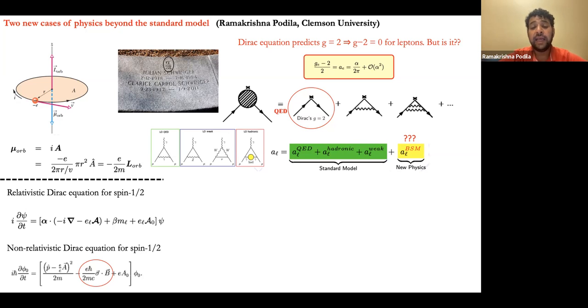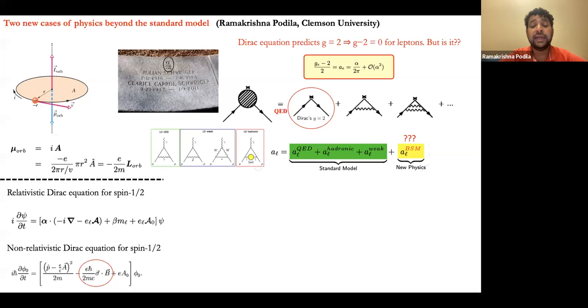So in calculating this, the biggest uncertainty comes from the hadronic component here, and the hadronic component is very difficult to calculate because in QCD there is asymptotic freedom, which means, for example, if you have quarks going away, then in this asymptotic freedom, it is often described as the strength of interaction increasing as they're going away. So because of that, this hadronic part is often calculated using dispersion, and there is a lot of uncertainty in there.